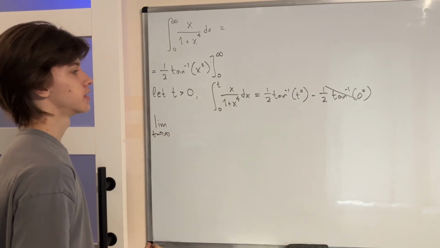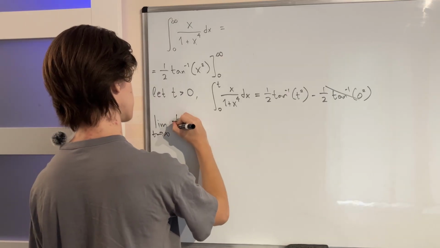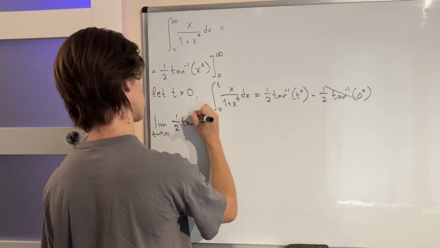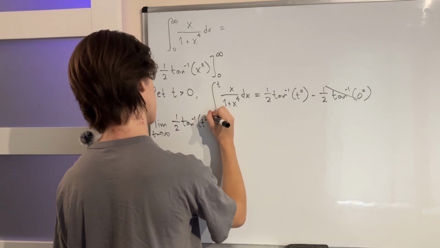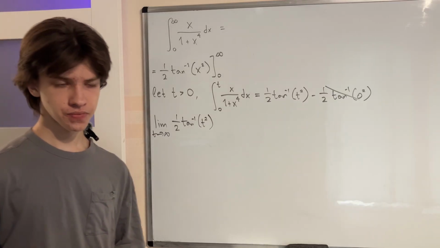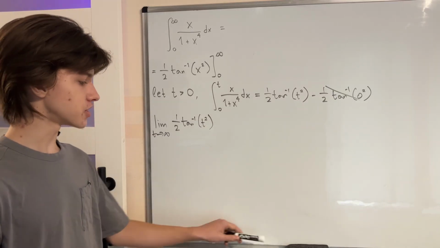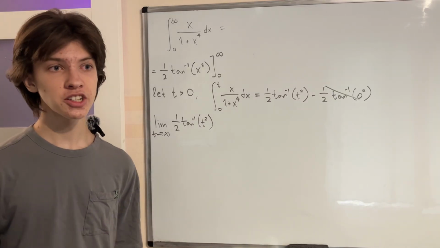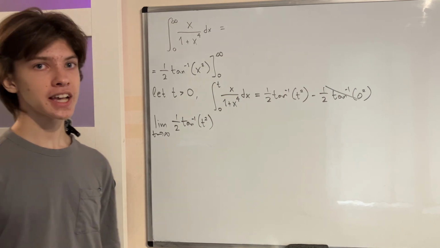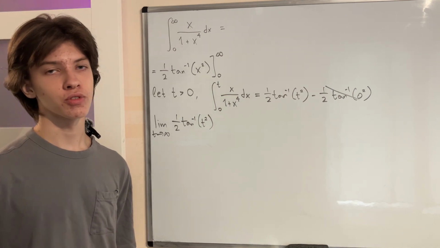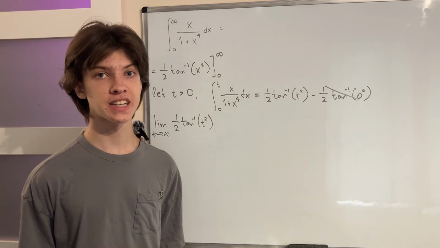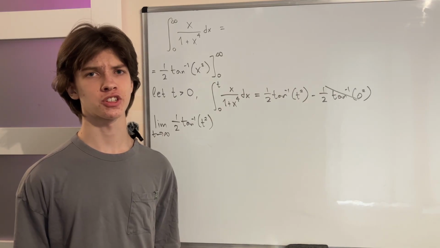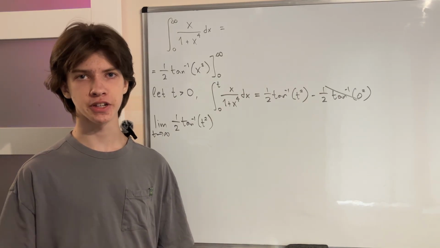Quite straightforward, I believe. And so the limit of half arctangent of t squared as t approaches infinity, well, think about it. The arctangent is the inverse of the tangent, and tangent has these asymptotes at pi over 2, right? That means as the input gets closer and closer to pi over 2, the tangent's value gets bigger and bigger.